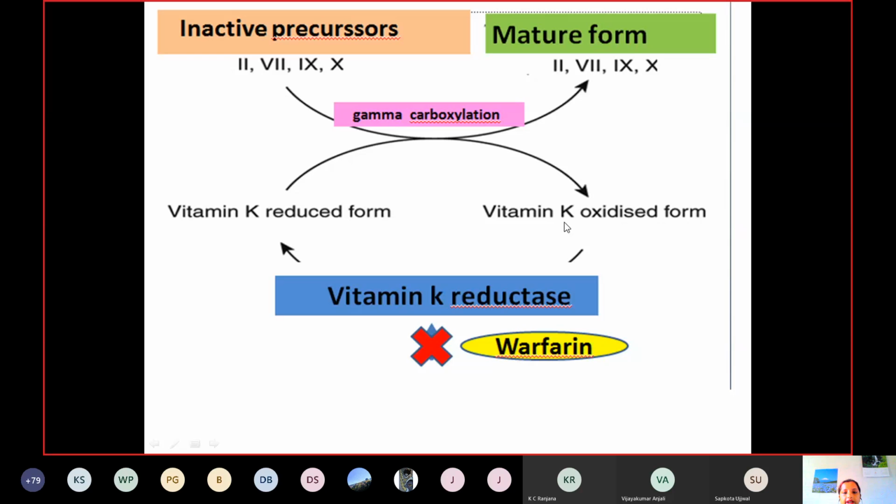The oxidized form is vitamin K epoxide, whereas the reduced form is the hydroquinone form.